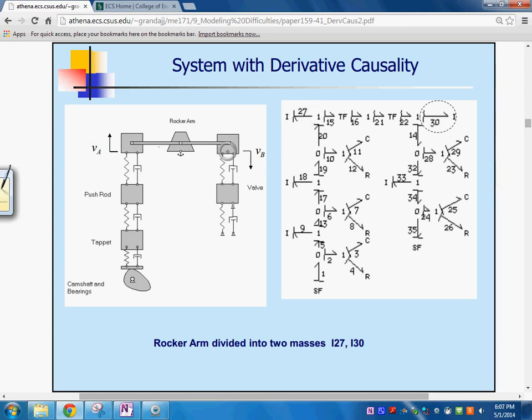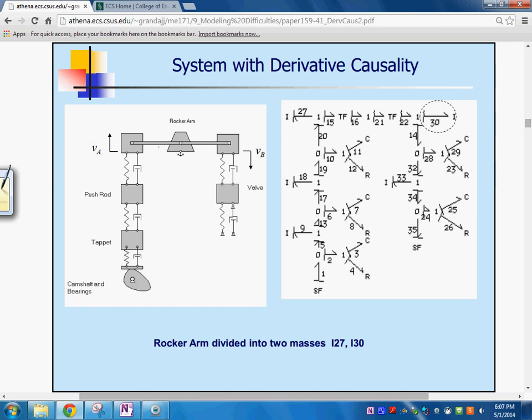I represent this velocity over here and the inertia right here, no problem. But when I try to complete the causality, this thing is in derivative form. So the first conclusion that we can reach is that derivative form occurs because of the way we model the system.